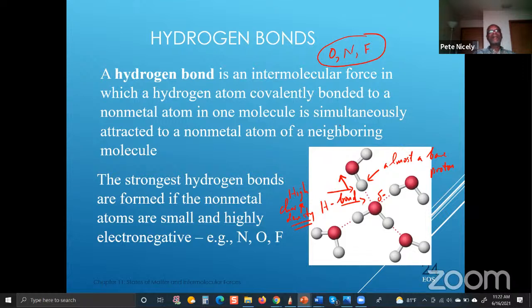In other words, the amount of heat needed to raise the temperature of a fixed mass of water by 1 degree Celsius is very high compared to other substances. The reason for that is hydrogen bonding, because you need relatively more energy compared to other substances to break the forces between the molecules, which are the hydrogen bonds, in order to achieve the same temperature change. So that's another property that can be explained by hydrogen bonding.